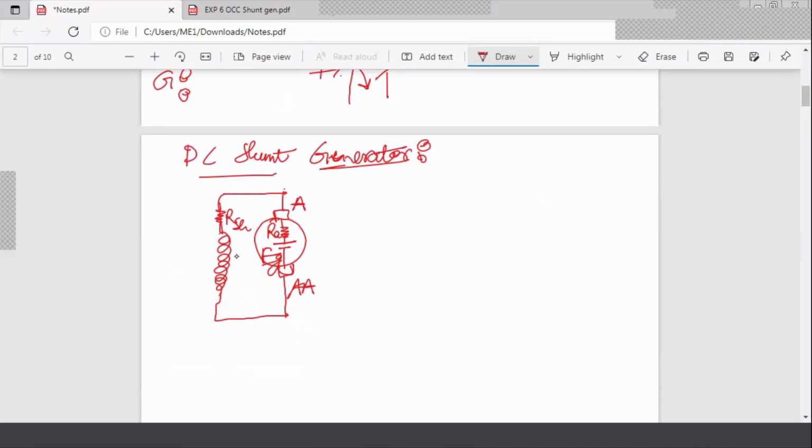Between these 2 points, the terminals are known as F and FF. This is the F terminal and this is FF. This is known as the field coil. Whenever the field coil is connected parallel to the armature coil terminals like this, this type of setup is known as a DC shunt connection.